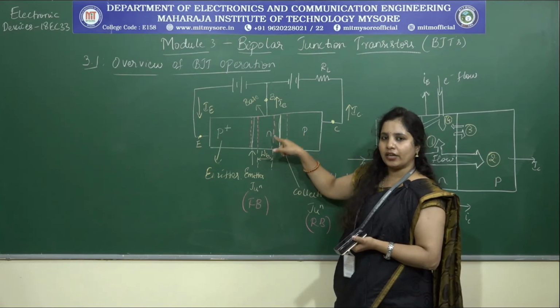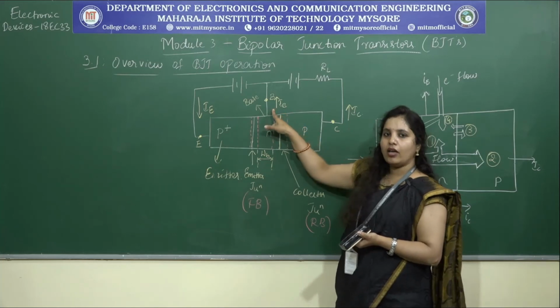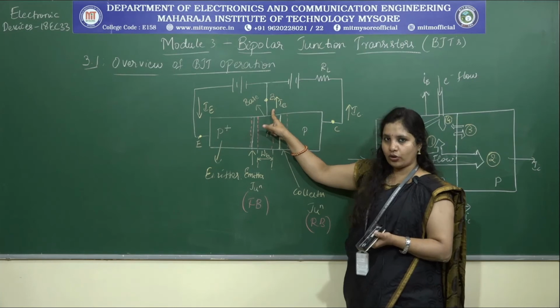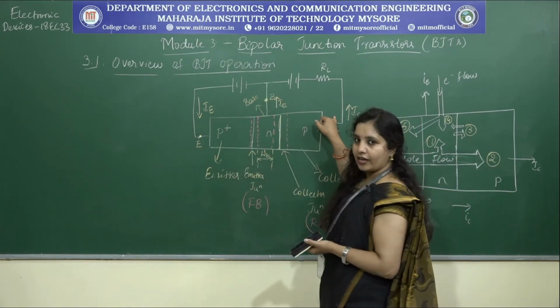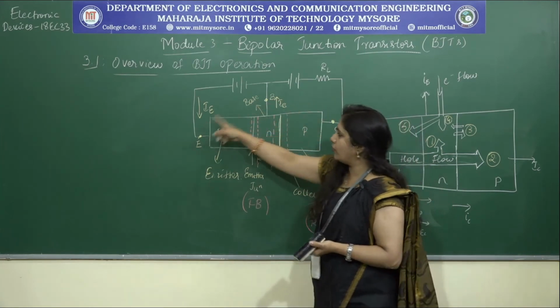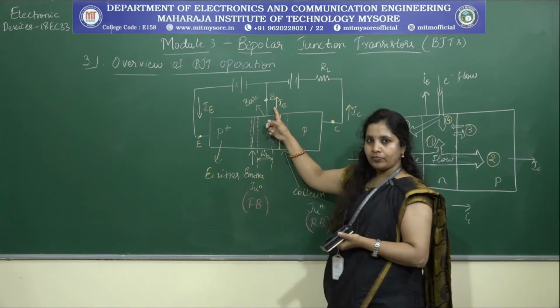So these are the three reasons that result in the IB current, and this IB current is usually seen in terms of microamperes, whereas the emitter current and the collector current that I can observe will be in terms of milliamps. Therefore these two will be of higher value when compared to IB.